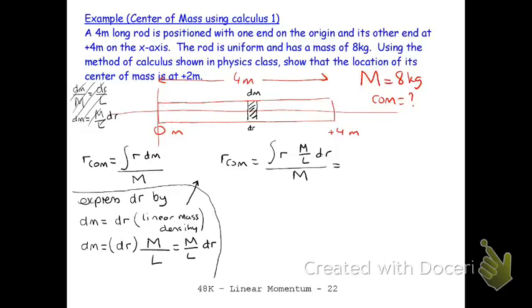Let's take out our constants: m over L divided by m, the integral of R dr. Just rearrange it. Simplify. Center of mass is equal to 1 over L, the integral of R dr.